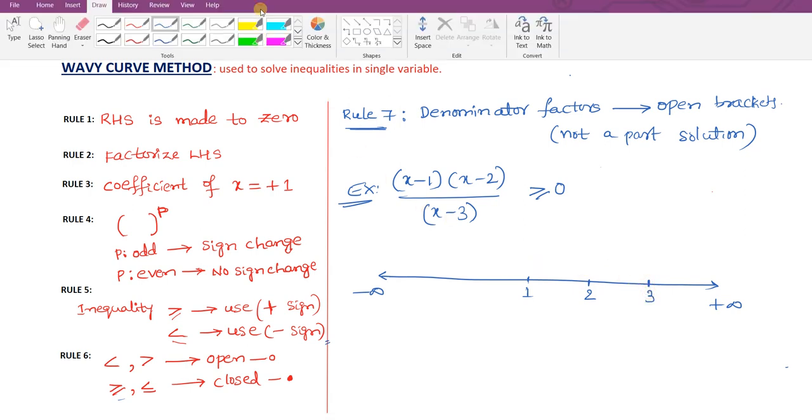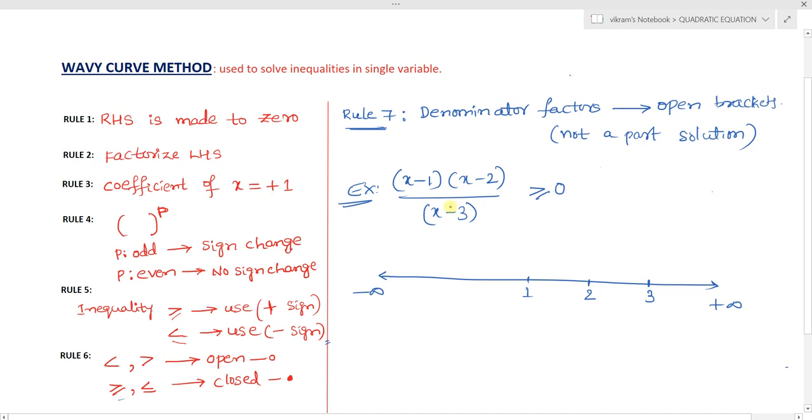The numerator factors are included in the solution, so these are represented with dots, x equals 1 and x equals 2. But x minus 3 is in the denominator, so it is not in the solution and is represented with an open circle.